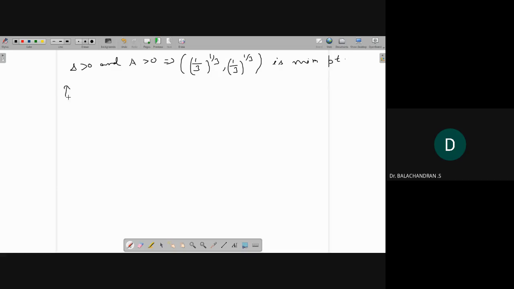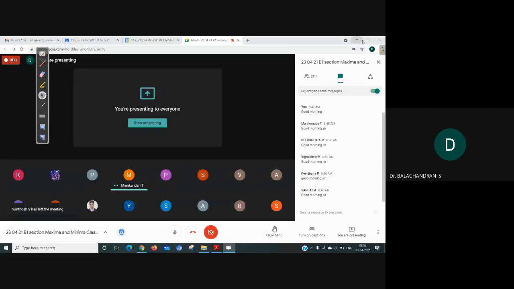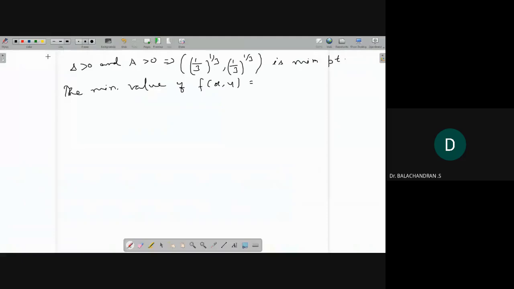The minimum value f of x comma y is equal to, anybody got the answer? x square, 3 power 4 by 3. Yes, correct, Manikandan. But we will do it step by step.